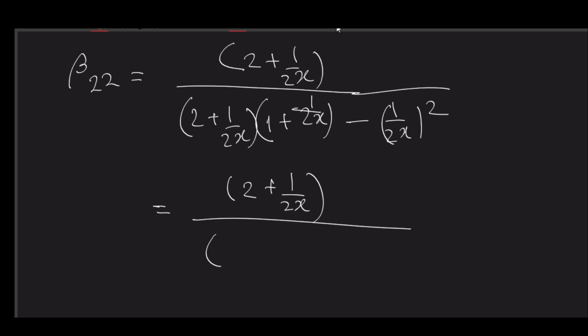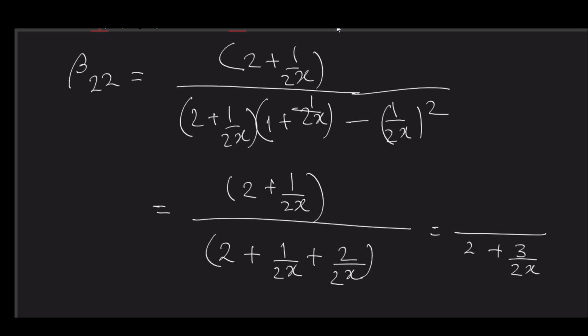Among these 4 terms, the last term will be cancelled out, the remaining terms will be there. So the remaining terms are 2 plus 1 by 2x plus 2 by 2x, that is 2 plus 3 by 2x, and here 2 plus 1 by 2x.